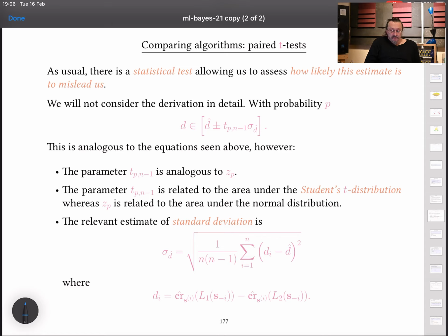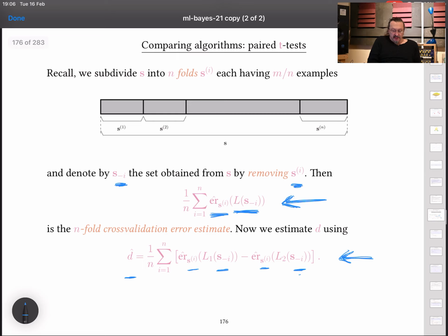I'm not going to address the derivation of this in detail, but we get a result that says with probability p, the actual value that we're trying to estimate lives within some specified interval around the value of this estimate based on cross-validation.